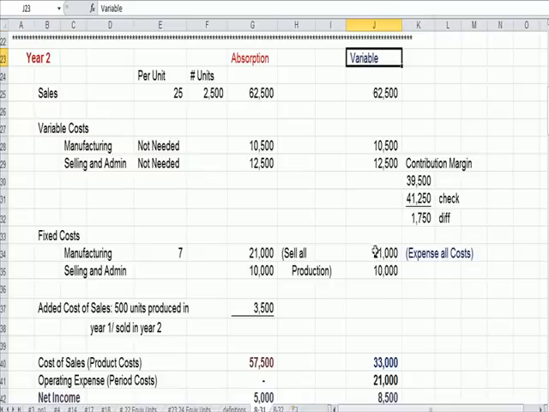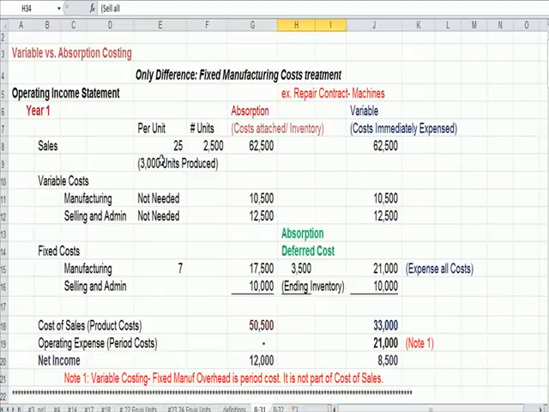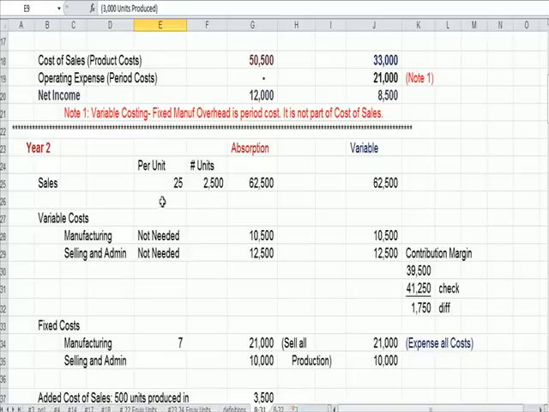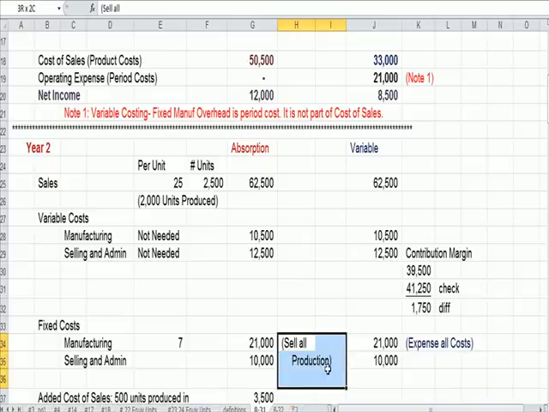Variable costing, we expense everything, 21,000, since we sold everything we produced, and let's copy that fact down: we produced 2,000 units. Since we sold everything we produced, absorption costing says expense the 21,000.